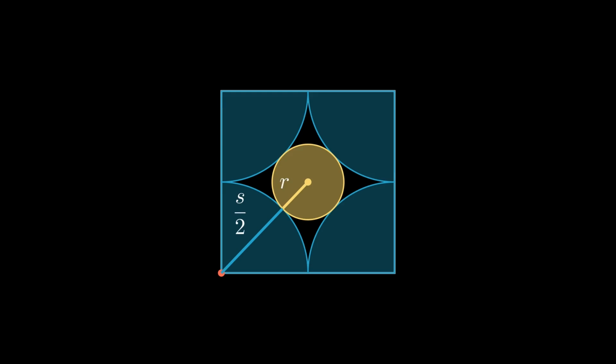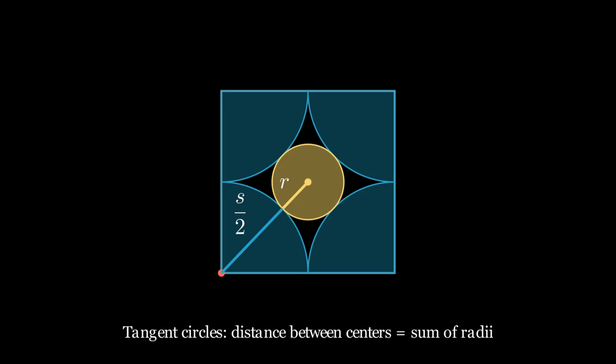And the second part, from that arc all the way into the center, is exactly r, the radius we are trying to find. That's because when two circles are tangent to each other, the distance between their centers always equals the sum of their radii. No exceptions, no extra assumptions. It just falls out of what tangent means.